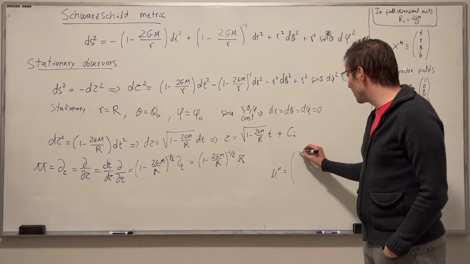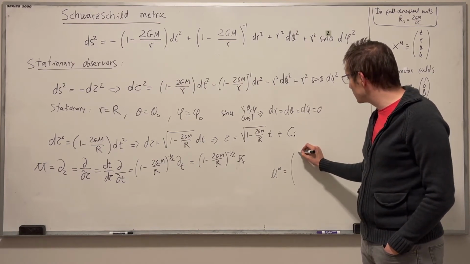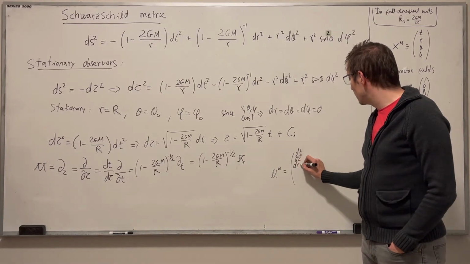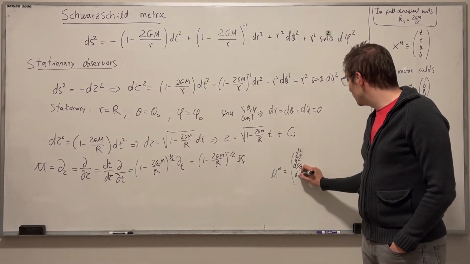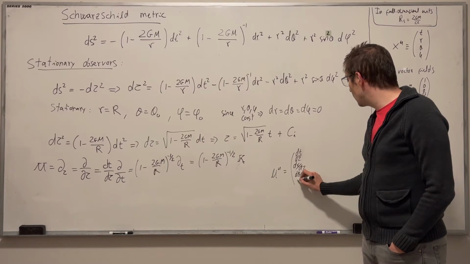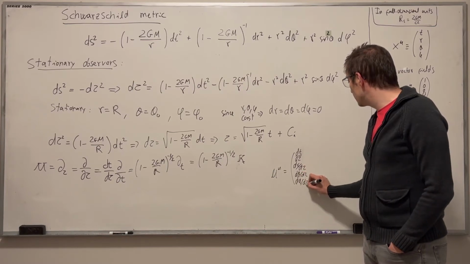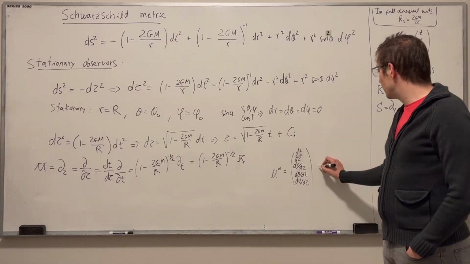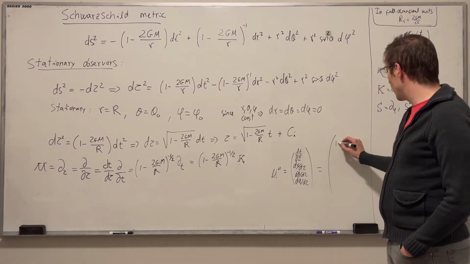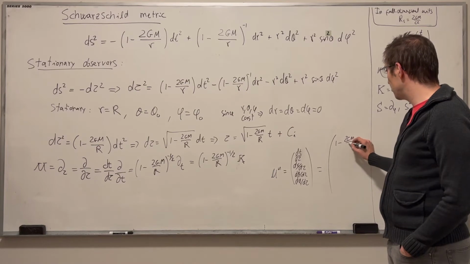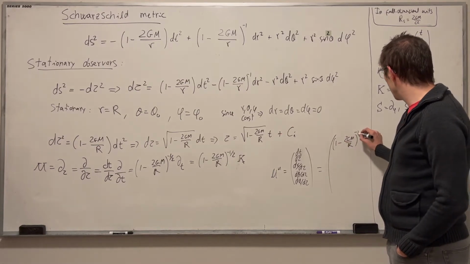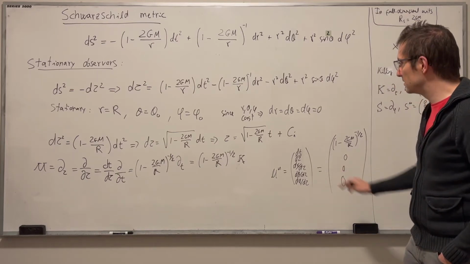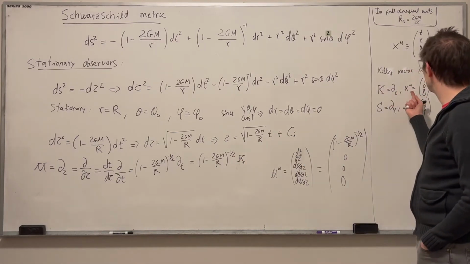In general, the four-velocity is (dt/dτ, dr/dτ, dθ/dτ, dφ/dτ). That's the four-velocity. And in this particular case, the four-velocity is just ((1 - 2GM/r)^(-1/2), 0, 0, 0), all right? Which is this factor proportional to the Killing vector k.